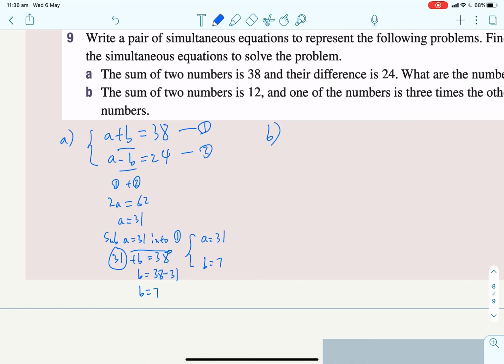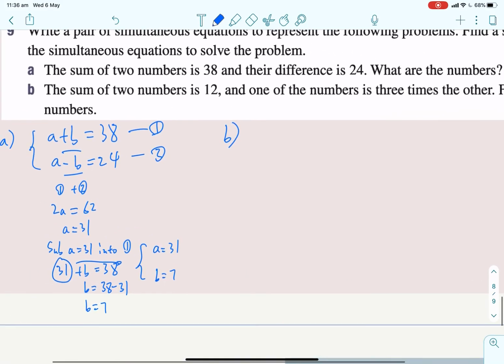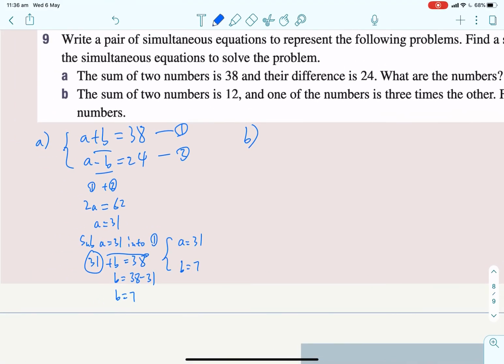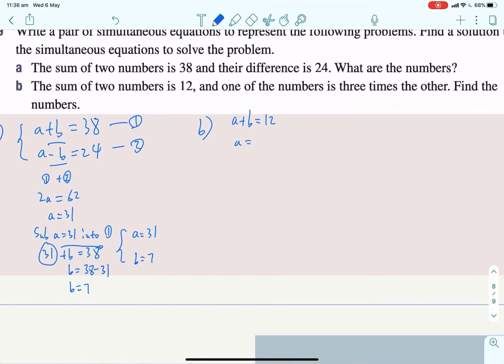Now for the next one, I'm going to list this out. The sum of two numbers is 12, so if we add them together it is 12. One is 3 times the other. So let's say a is bigger, so a is 3 times b. Two equations, 1 and 2.